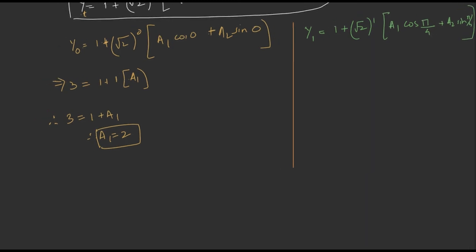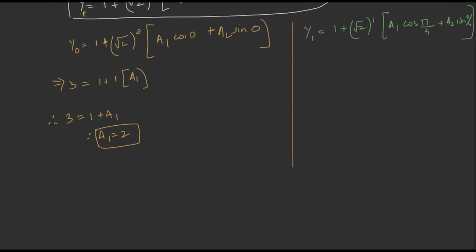Equals 1 plus root 2 into a1 1 by root 2 plus a2 1 by root 2. Taking root 2 common, we get root 2 into 1 by root 2. This will cancel out. a1 plus a2.